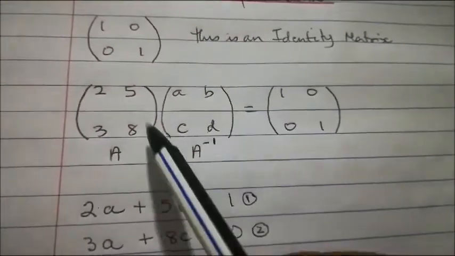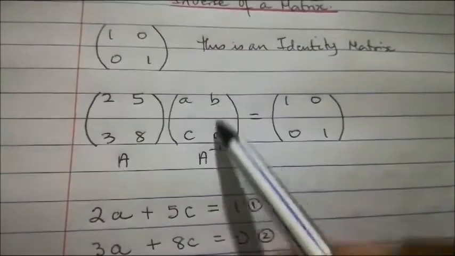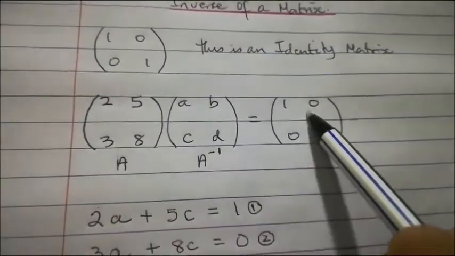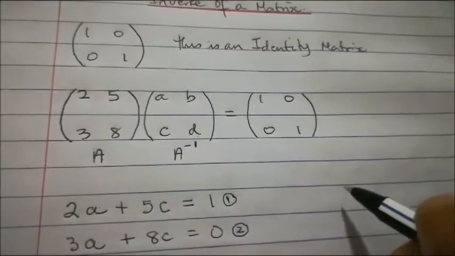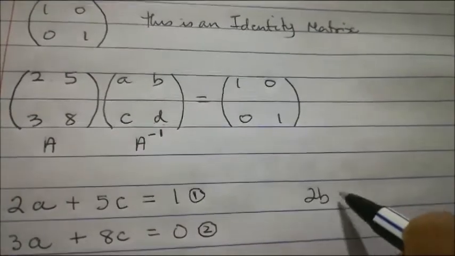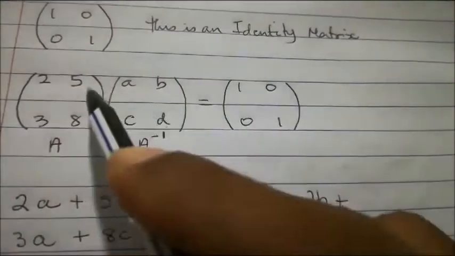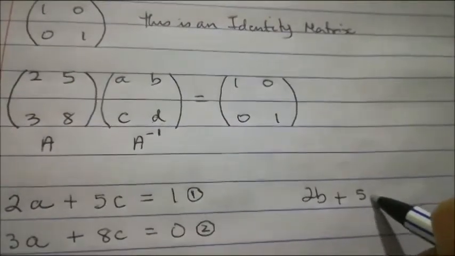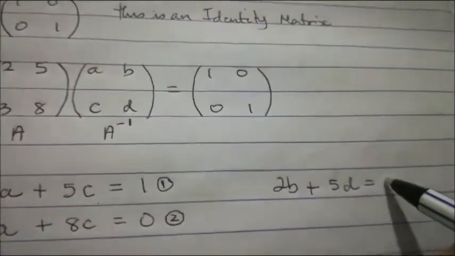Over here now we're going to do the same thing, but this time we're going to use this column. So we're going to have 2B plus 5D is equal to 0.